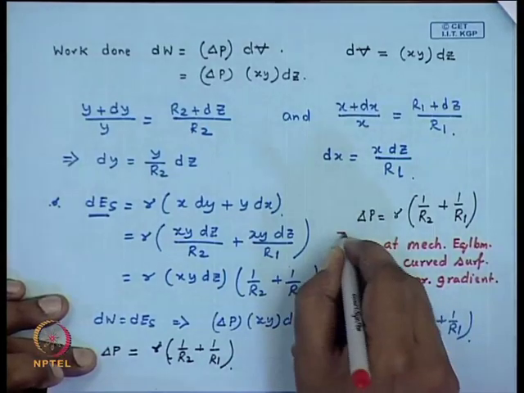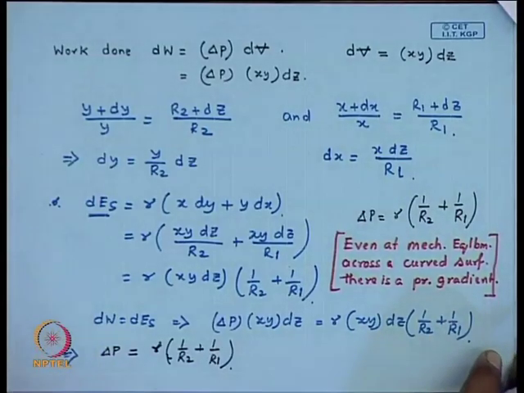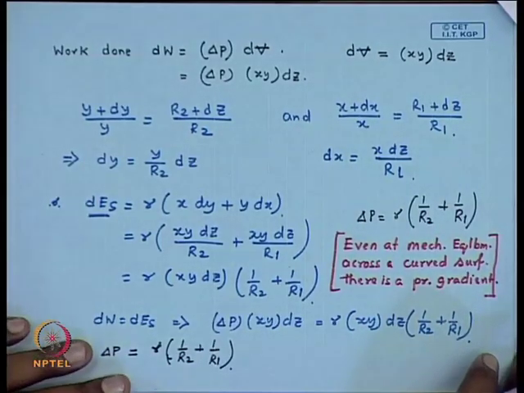This is the first major thing to understand, and the second thing is that this pressure gradient is correlated to two entities, one is the surface tension and the other is the two respective curvatures.